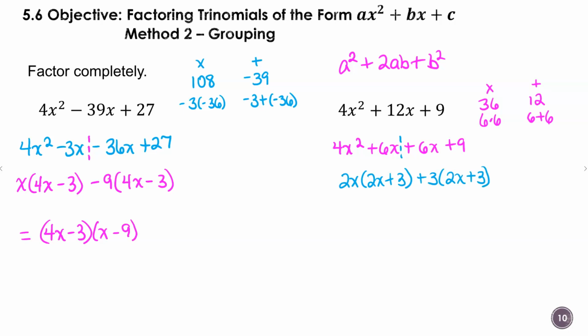Now notice, whenever I write this, my two binomials are actually the same thing. My common binomial is 2x plus 3. My second binomial is also 2x plus 3. So we can write it twice like I did right here, or you can write it with an exponent, 2x plus 3, quantity squared.